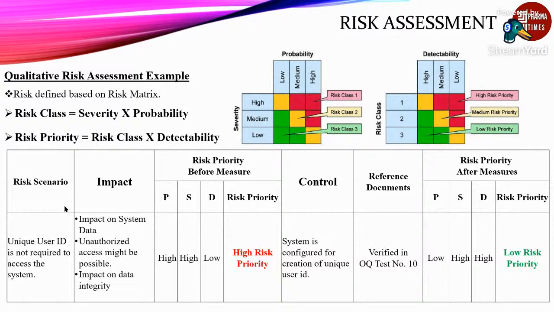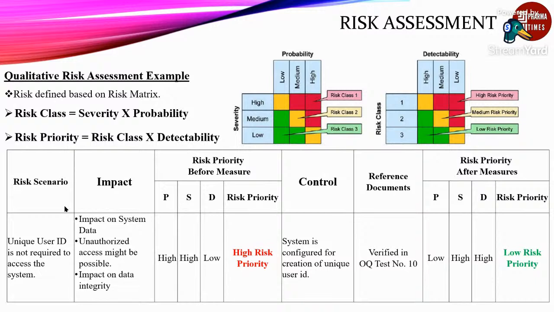I say it's high, and the same goes for probability, severity, and detectability. It depends upon your thought process, and it may vary from person to person. It's not compulsory that it must be high. Based on your thought and the stage at which you are defining the risk, the probability, severity, and detectability will change. I consider probability as high because I don't know which type of control is there, because I didn't validate this functionality for the system, and I defined the risk before the validation activities were performed. So probability is high.